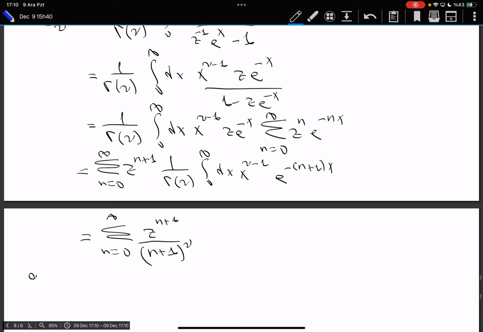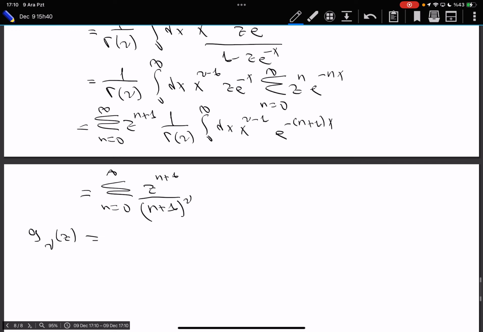So although these functions look complicated, the series expansion is basically quite simple. It's just z plus z squared divided by 2 to the power nu plus z cubed divided by 3 to the power nu, and it goes up to infinity.